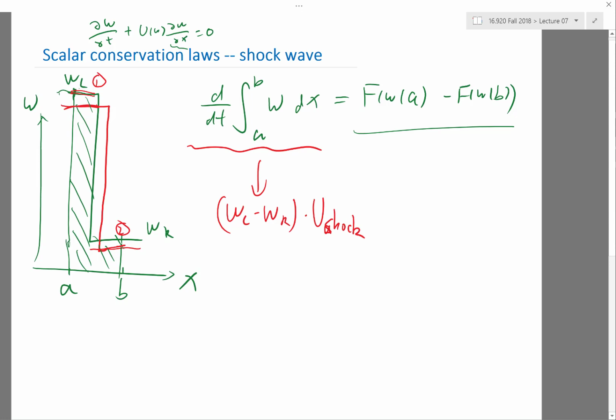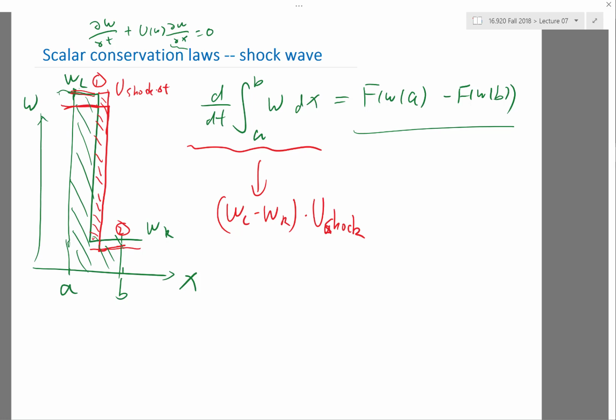If the shock is moving towards the right at the rate of U shock, then it has moved over a spatial distance U shock times delta t.